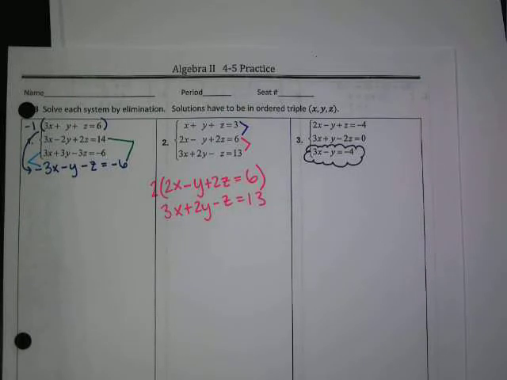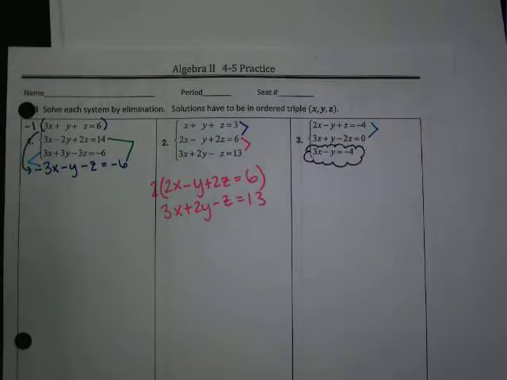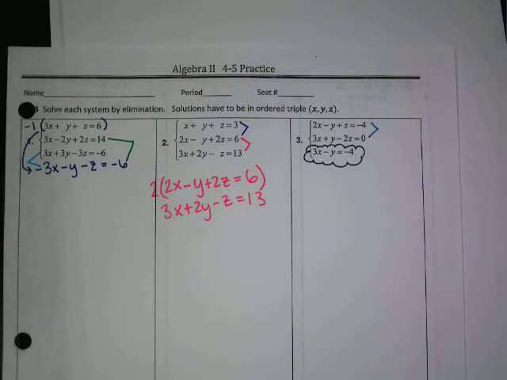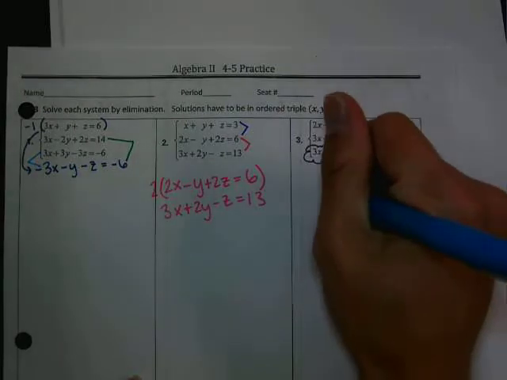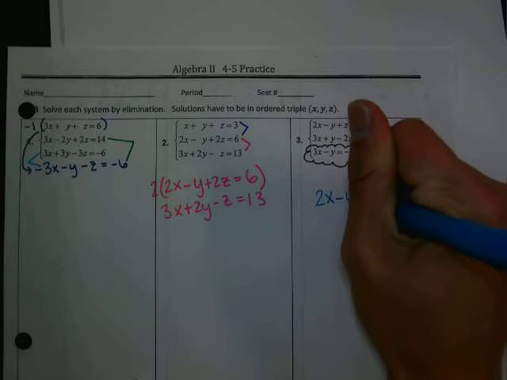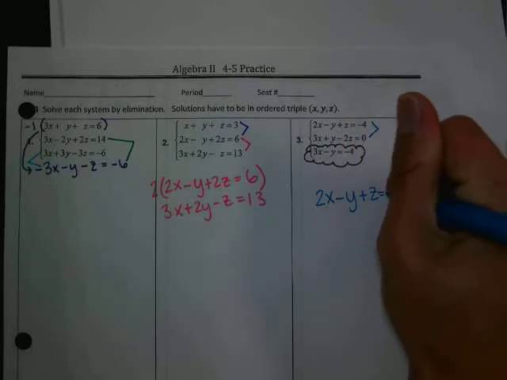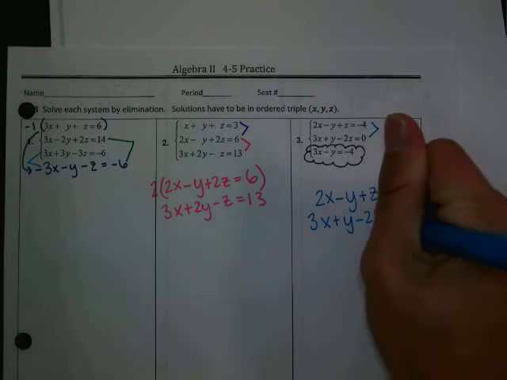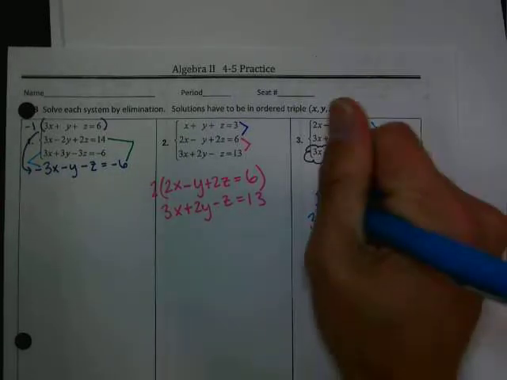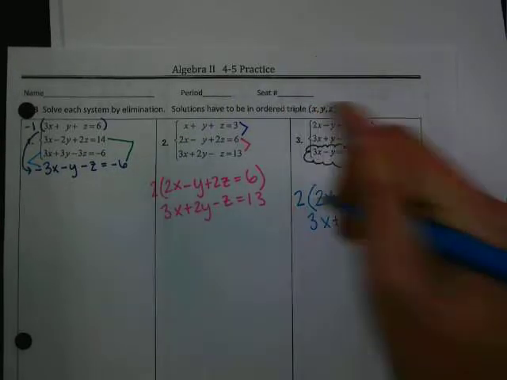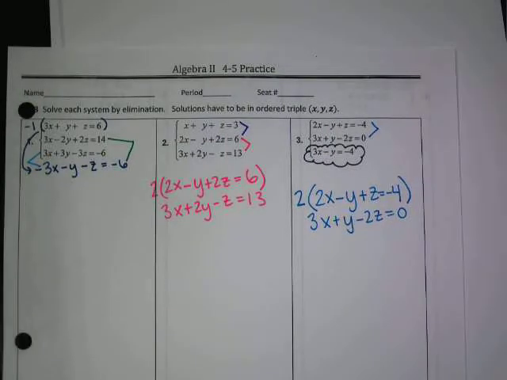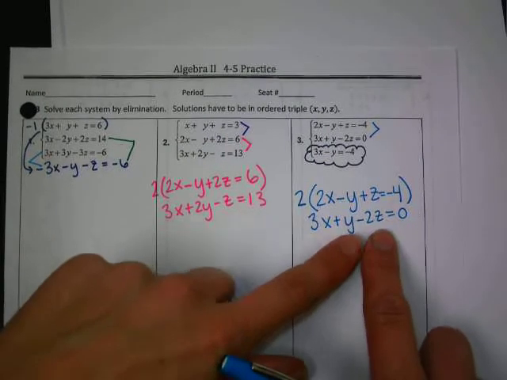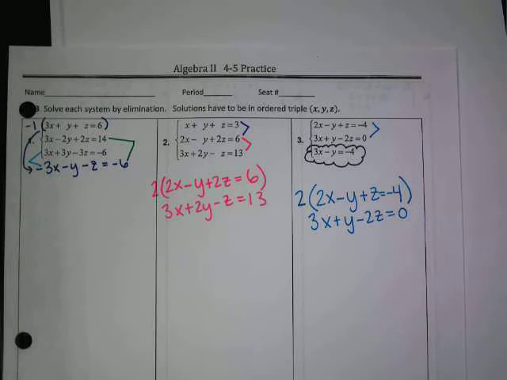And so then I'm going to pair up these two and eliminate z to give me my other equation. 2x minus y plus z equals -4. 3x plus y minus 2z equals 0. So to eliminate z, I'm going to have to multiply that top one by 2. That way 2z will eliminate with -2z. And that'll give me my second bubbled equation.